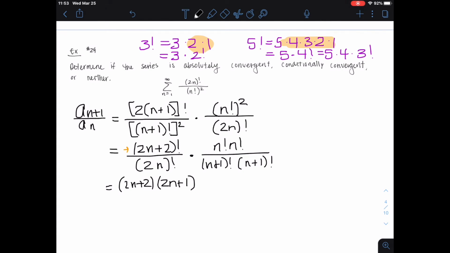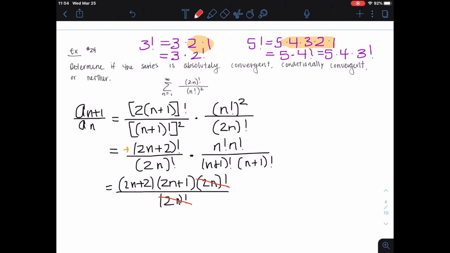So I'm going to go one more time. If you pull off one more, you'd get 2n. So you subtract 1 and you'd get (2n) factorial. So I've pulled off the top two integers. And now what happens is these (2n) factorials cancel. And I'm just left with the 2n plus 2 and the 2n plus 1.